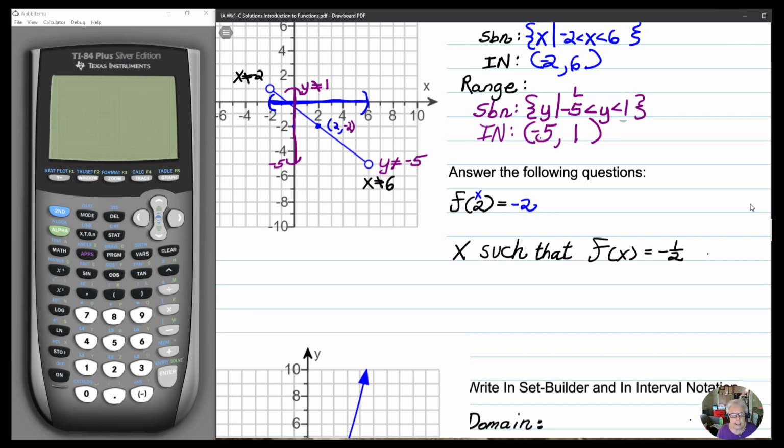What is x such that f of x equals -1/2? Well, this is y. So I need to go to x. Negative 1/2 is here. Let's make this bigger.